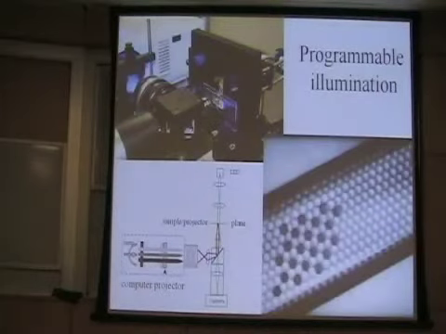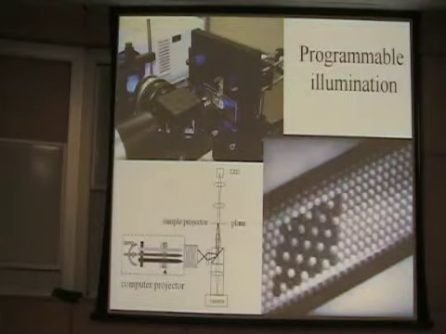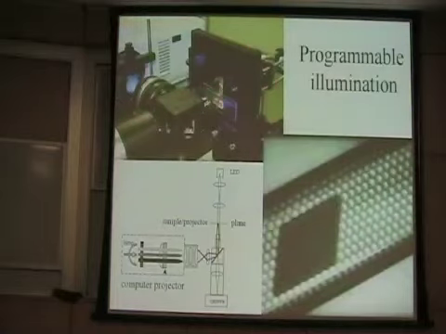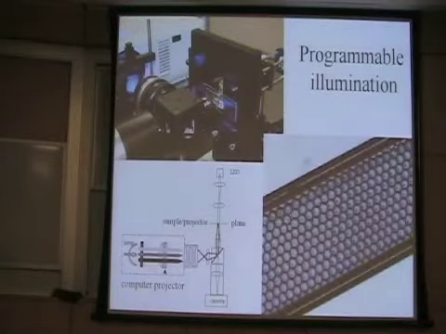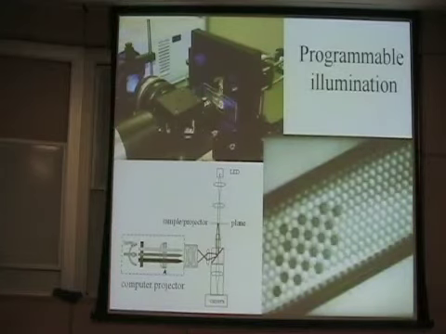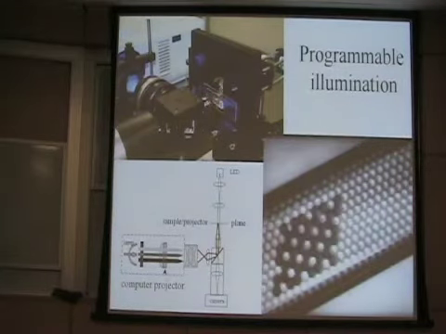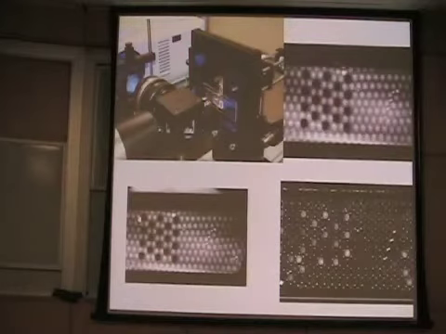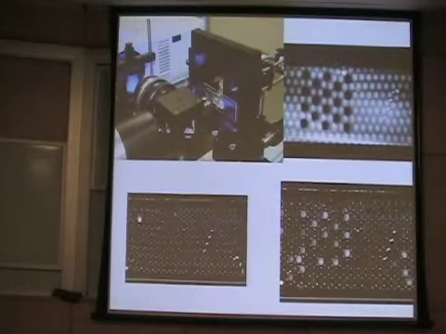Here we're shining the bright light to phase it. Then we project the PowerPoint to turn off the bright light in certain regions and at certain times, so we can spatially and temporally force the system. So we've developed this programmable illumination, and here's a movie of it.